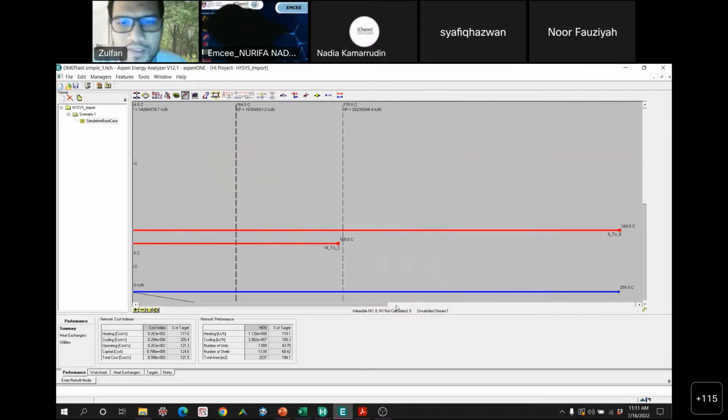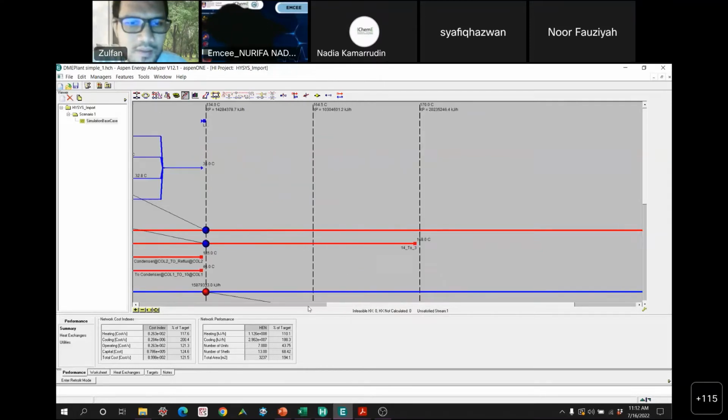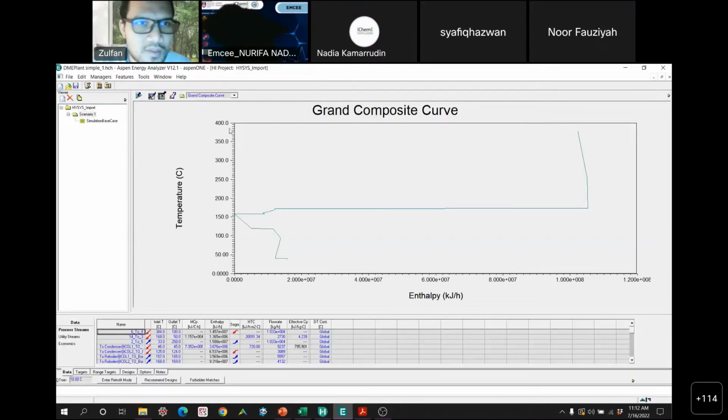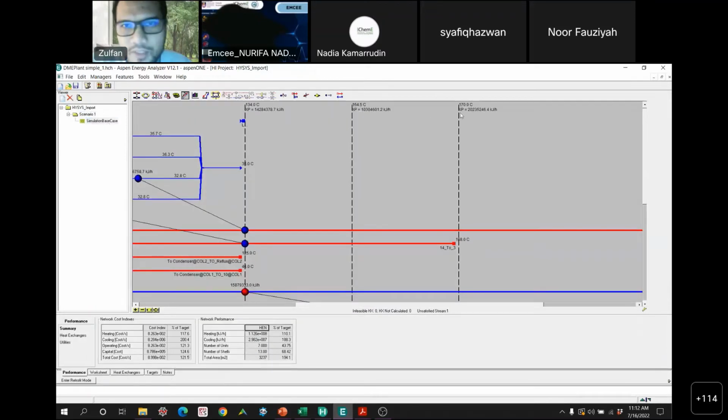So this is basically, sorry, this is not so handy. This part is the pinch point of the cold utility to the system. This is your process pinch point. You can see 164. If you see about 160 something, that's your 164. This is your process pinch point, and this is the pinch point corresponding to the presence of the hot utility.